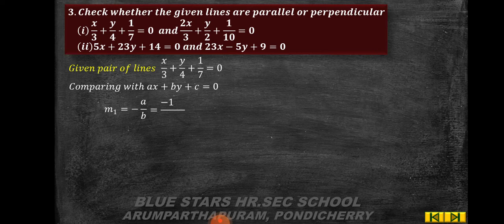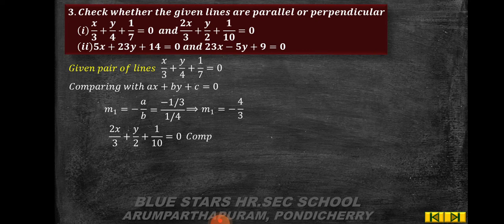m1 is equal to minus coefficient of x divided by coefficient of y, which is equal to minus a by b. So the coefficient of x is 1 by 3. Already you have one minus sign in the formula, divided by coefficient of y is 1 by 4. So m1 is equal to minus 4 by 3. Then the second line is 2x by 3 plus y by 2 plus 1 by 10 is equal to 0.